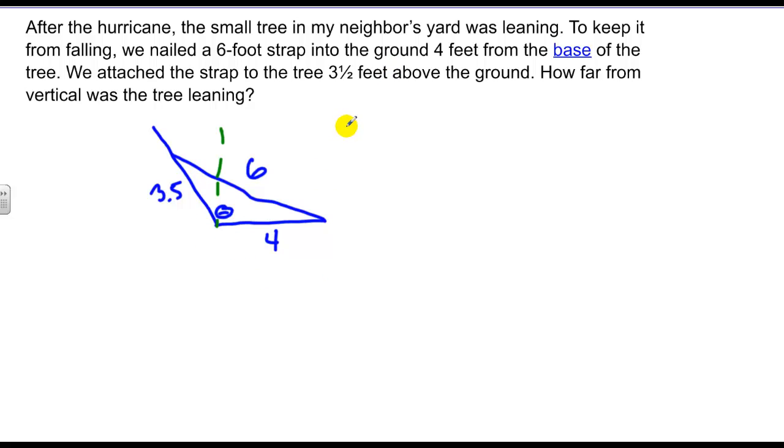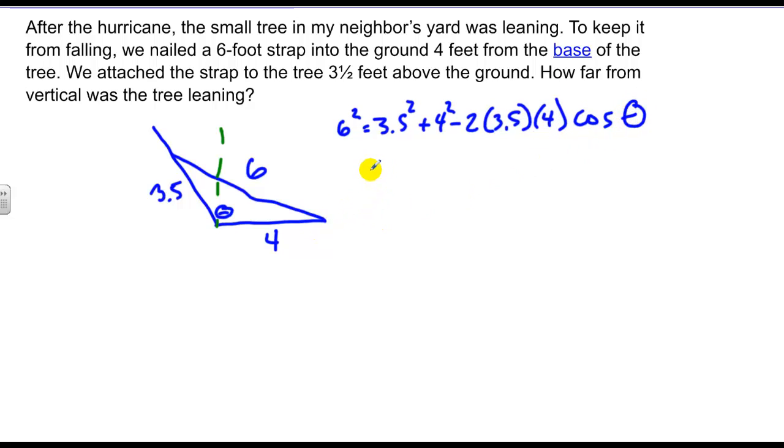So we have 6 squared equaling 3.5 squared plus 4 squared minus 2 times 3.5 times 4 times the cosine of the angle theta. So again, 6 squared minus 3.5 squared minus 4 squared over negative 2 times 3.5 times 4.